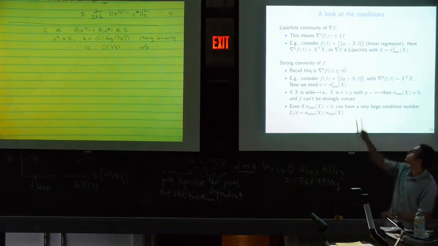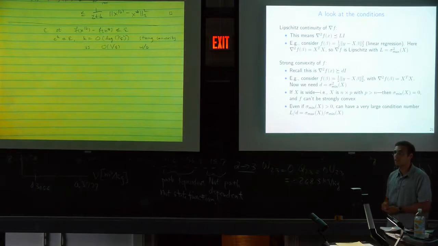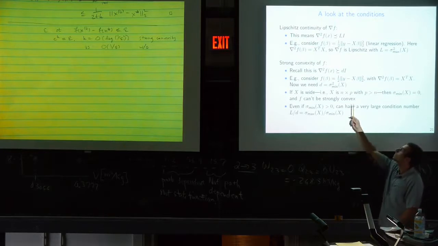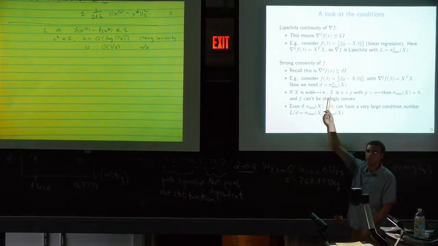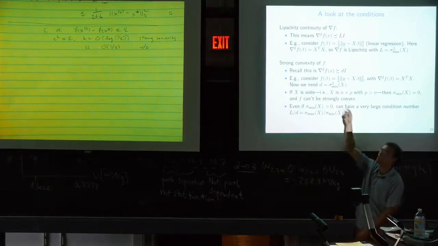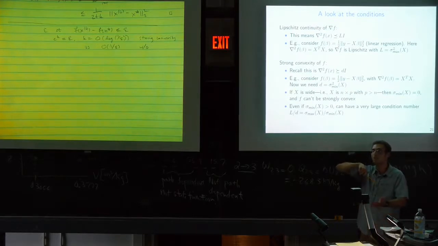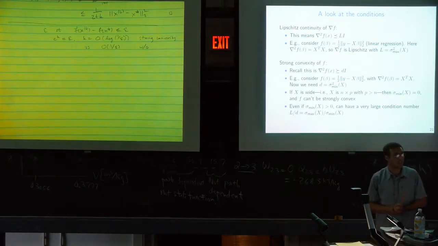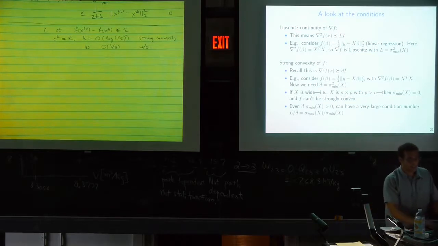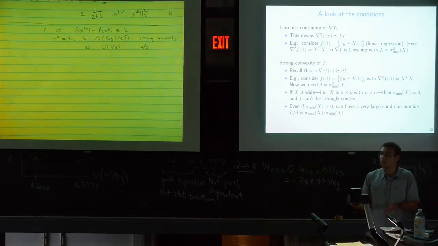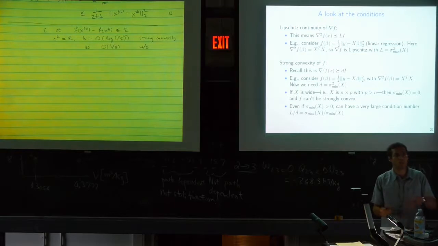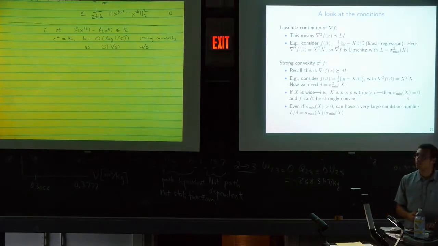How about strong convexity of f? This is like saying that we lower bound the smallest eigenvalue of the Hessian everywhere. So go back to our same example. It means that we need this strong convexity constant to be the smallest eigenvalue of X transpose X, or the smallest singular value of X squared. So if X is wide, if we have more columns than rows in X, which in a linear regression setup means that we're in a high dimensional case, we have more features than observations, then its smallest singular value is 0.